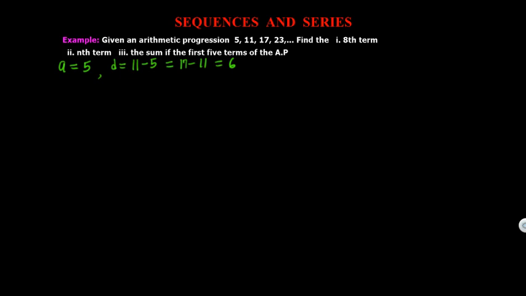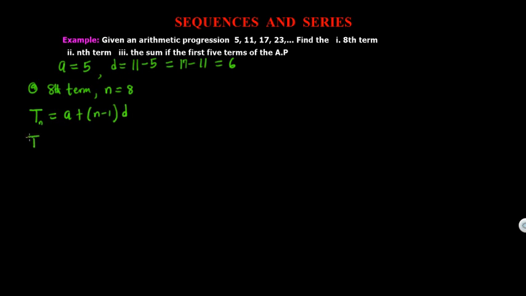Now that we know this, the very first problem is the 8th term. For the 8th term, our n is equal to 8 because that's what we are looking for. The general formula of the nth term of an AP is A plus open bracket n minus 1 close bracket multiplied by the common difference.